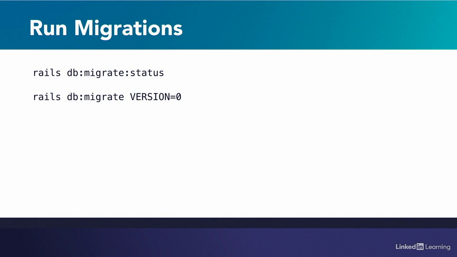So it'll take every migration that's been run and call its down method so that eventually we have presumably a database with no tables in it. And then rails db:migrate VERSION followed by one of those timestamps, and that will migrate up to that specific version and then stop. If you don't provide the version, then it goes all the way to the latest version. If you provide the version, then it'll stop at that particular version.